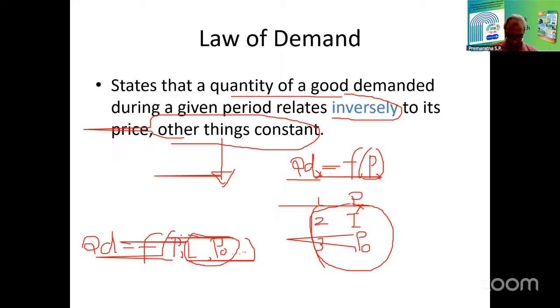Given that, we predict the demand. That's the law of demand. The relationship is always inverse according to the law of demand. That is the most important thing, and that's why the demand curve has a negative slope. If we consider the other factors, things happen differently, and for that we draw a different demand curve, not explained using the same demand curve. So that's what we are going to study next.